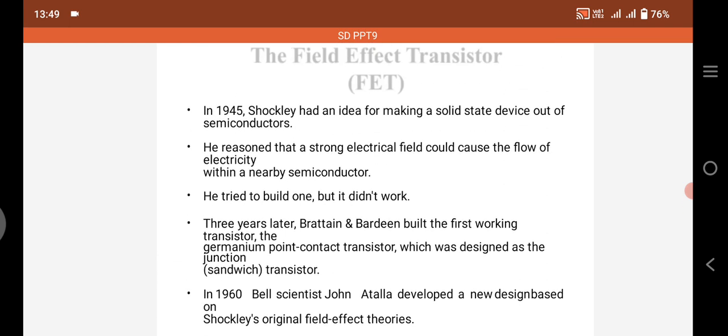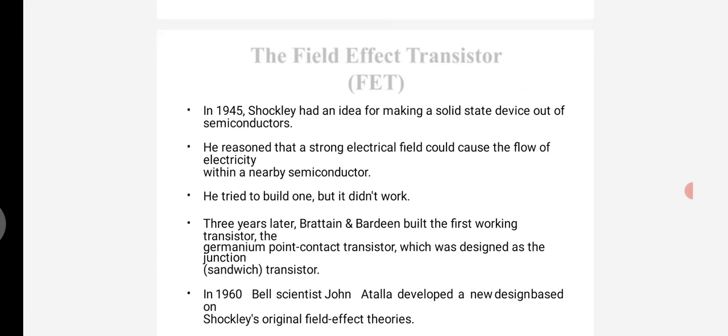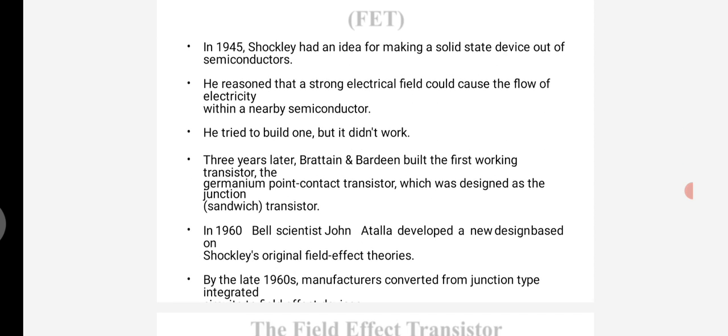That is the history of the transistor. It started with the invention in 1945 of a solid state device from the semiconductor, and from these theories, in the 1960s, we got the field effect transistor.